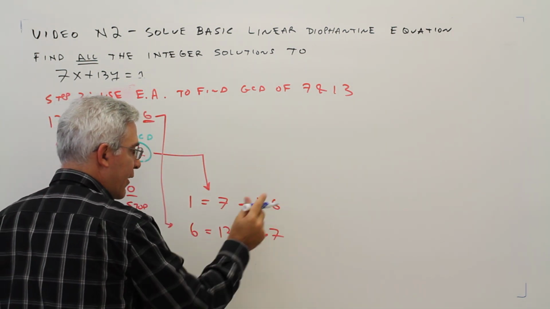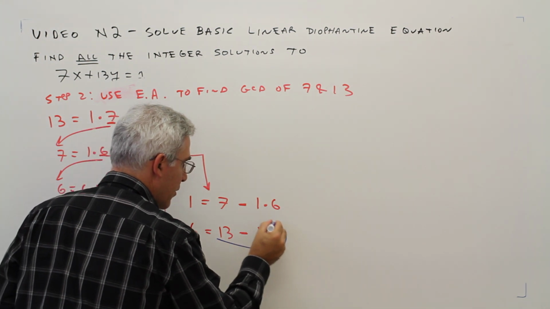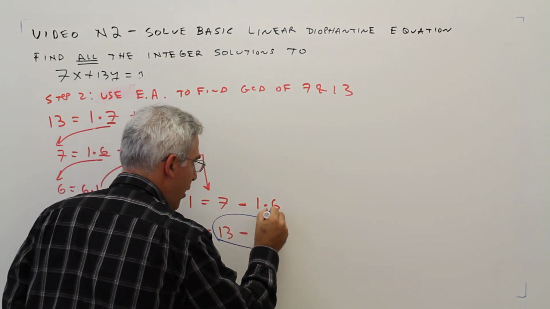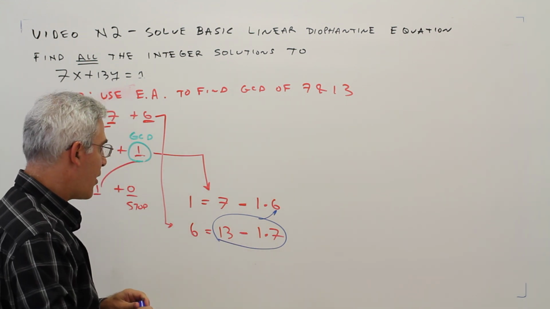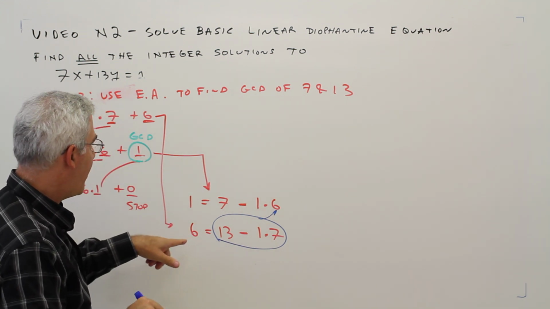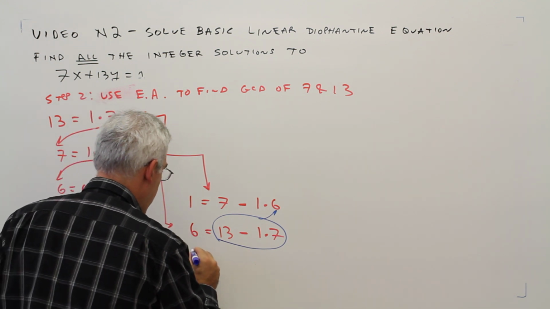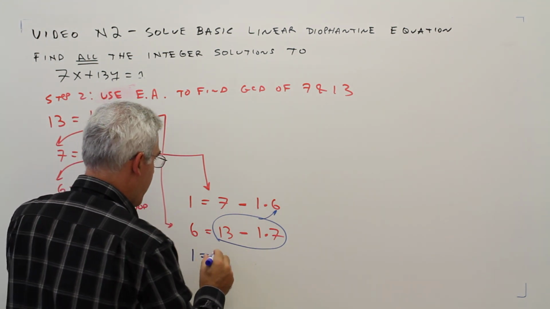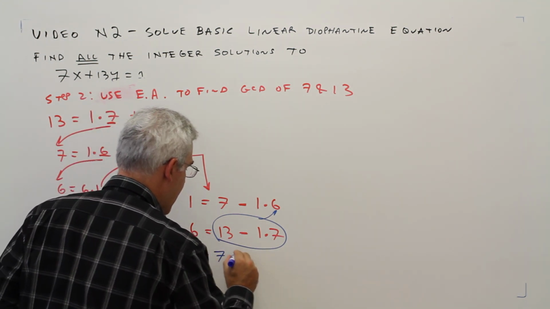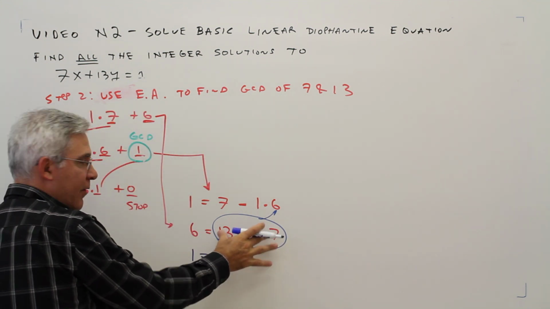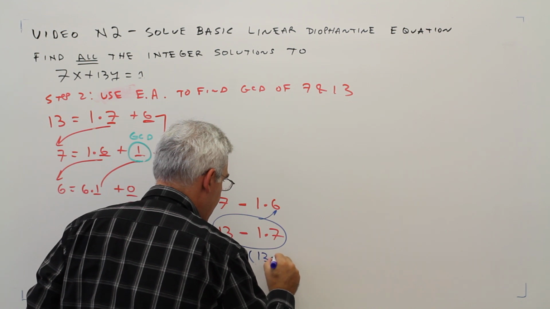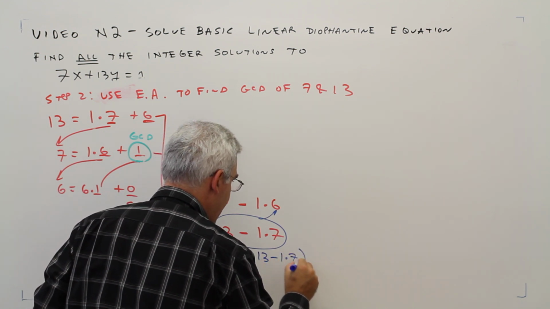So notice there's a 6 there. All of this is going into that step right there. So now I've got 1 equals 7 minus 1, all of this stuff, 13 minus 1 times 7.